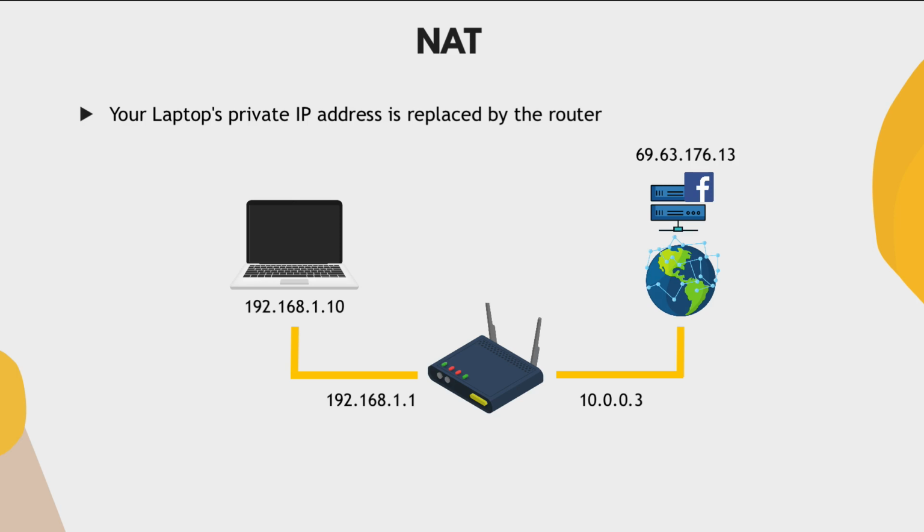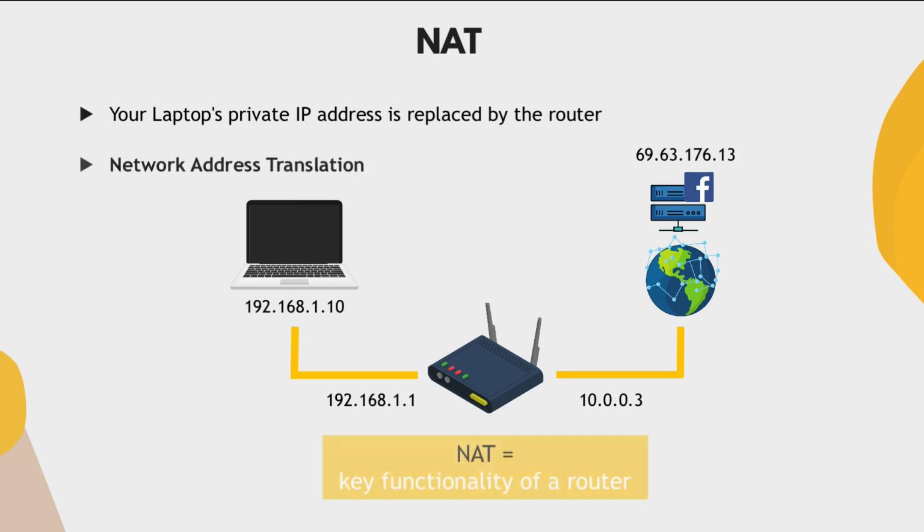And this functionality of the router is called network address translation, or NAT. So basically, when a laptop sends a request, it goes to the router, because the router is the connection to the outside network, right, to the internet. And the router will then request that on the device's behalf from the internet.